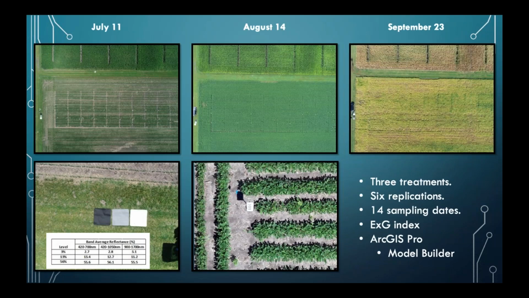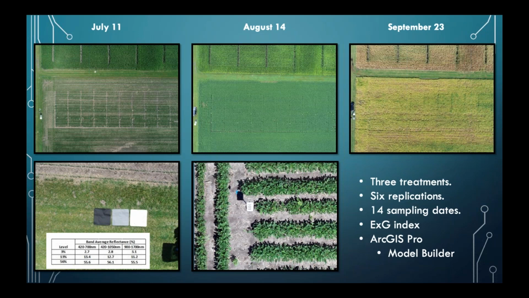And so here's an example of one of the projects that I worked on. That was estimating RUE for soybean, partially from UAV imagery, consumer grade unmodified UAV imagery. The top is not the images we used. Those are just images of the whole field in general, so you can have an idea of how it progresses.